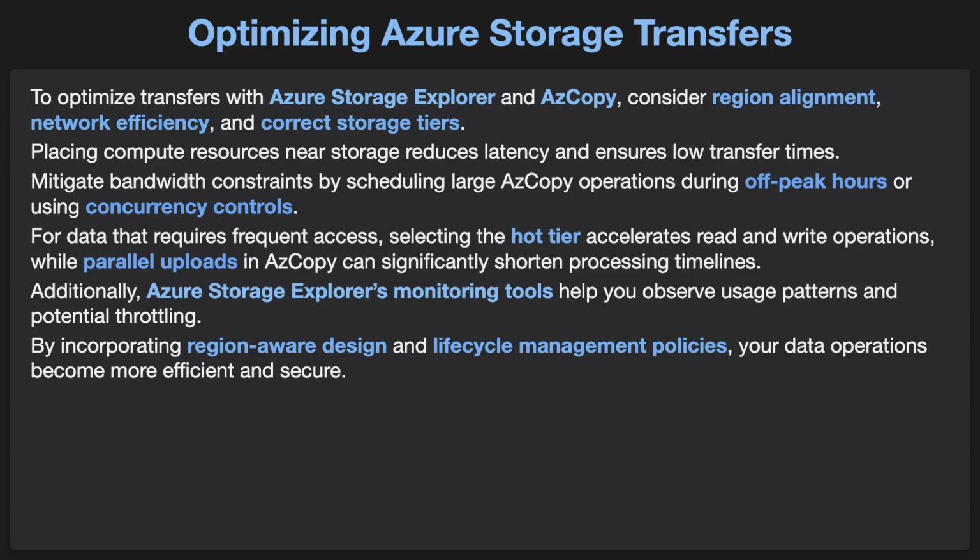For data that requires frequent access, selecting the hot tier accelerates read and write operations, while parallel uploads in AzCopy can significantly shorten processing timelines. Additionally, Azure Storage Explorer's monitoring tools help you observe usage patterns and potential throttling. By incorporating region-aware design and lifecycle management policies, your data operations become more efficient and secure.